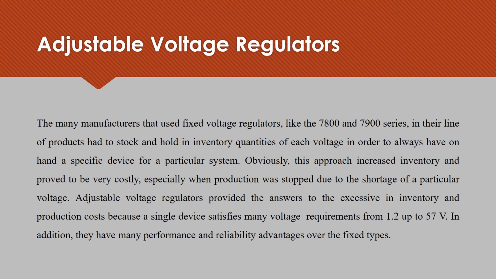So adjustable voltage regulators provided the answer to excessive inventory and production cost. These devices satisfy many voltage requirements from 1.2 volt up to 57 volt. Moreover, they have many performance and reliability advantages over the fixed types.